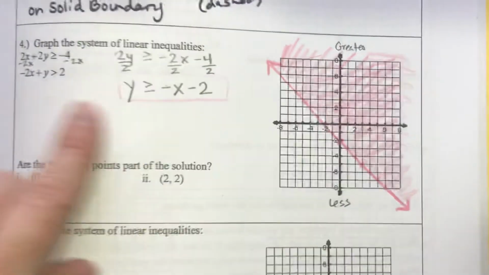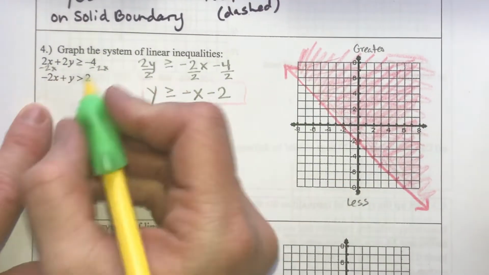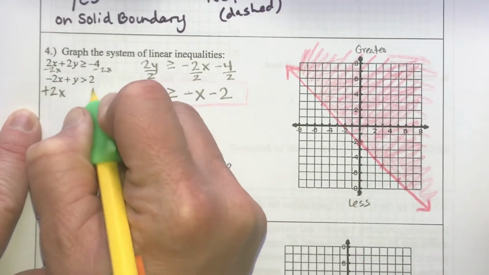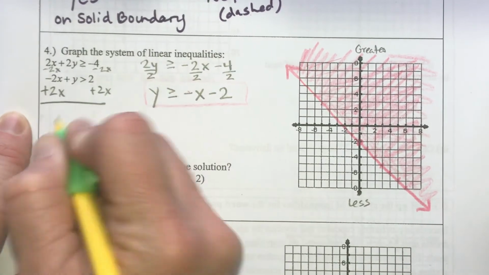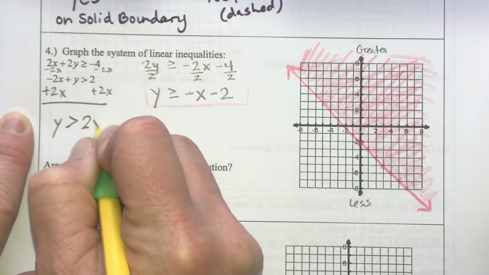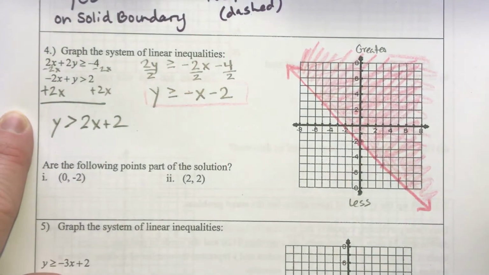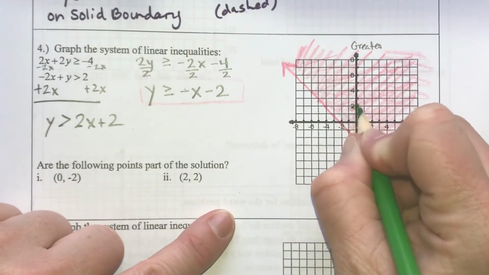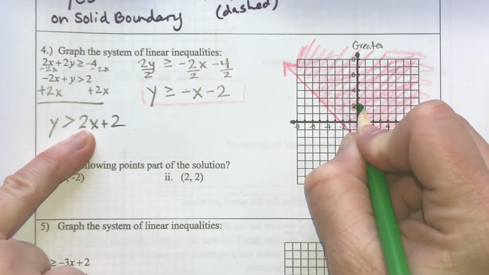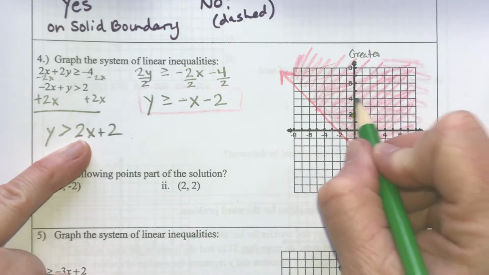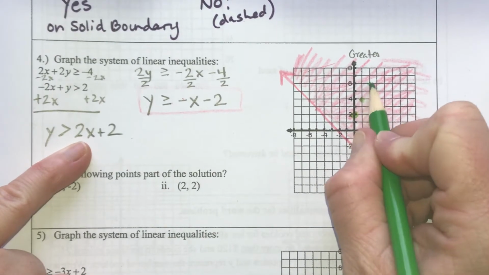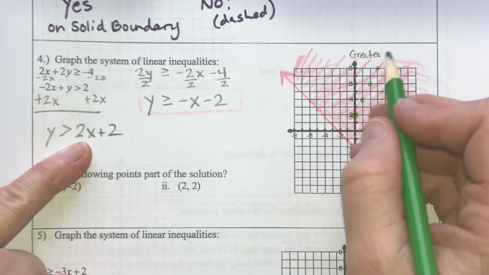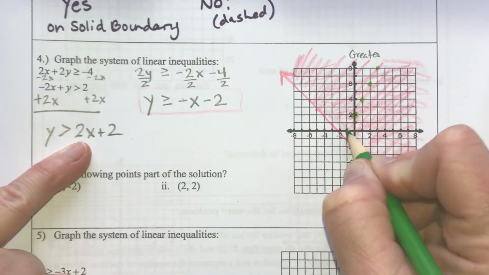And now my second line, I'm going to solve for y. So I'm going to add 2x to the other side. So I have then y is greater than 2x plus 2. So I'm going to start at positive 2, and I'm going to go up 2, right 1, up 2, right 1, up 2, right 1, up 2, right 1. And I'm actually going to continue that pattern going backwards.